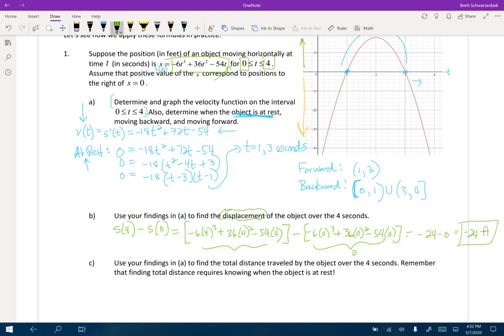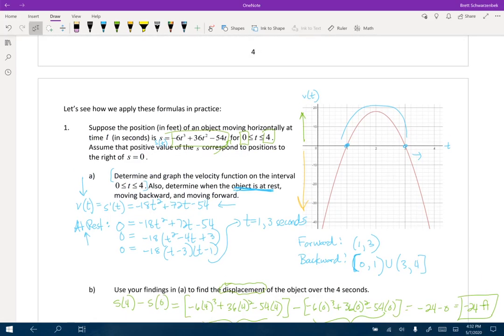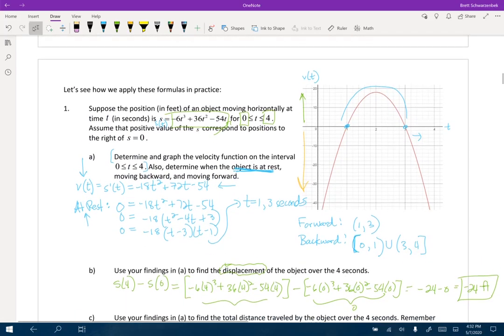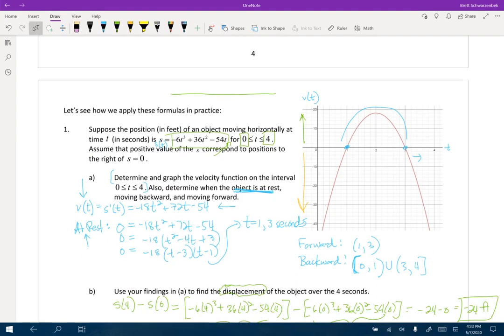So what does that mean in the scope of our problem? If you remember, this is an object moving horizontally. So if it's moving horizontally, it starts somewhere. So let's say this is your starting point.